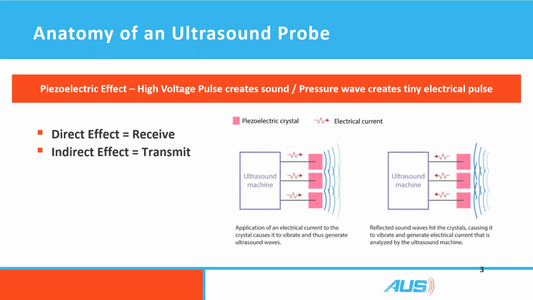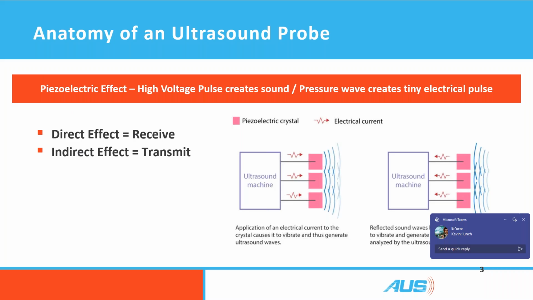So these two ways of interacting with a quartz crystal allowed us to develop ultrasound, if you will. And we call them the direct effect and the indirect effect. The direct effect is basically when a pressure wave strikes this quartz type material and it creates a tiny electrical pulse.